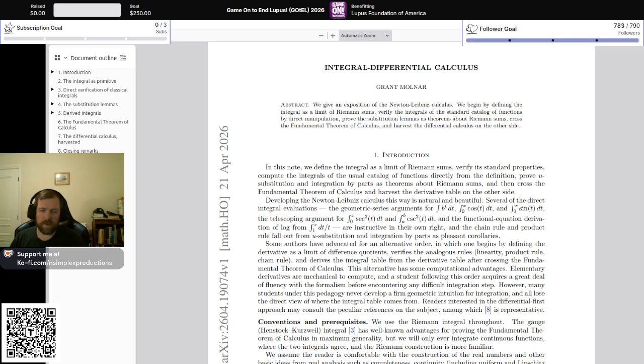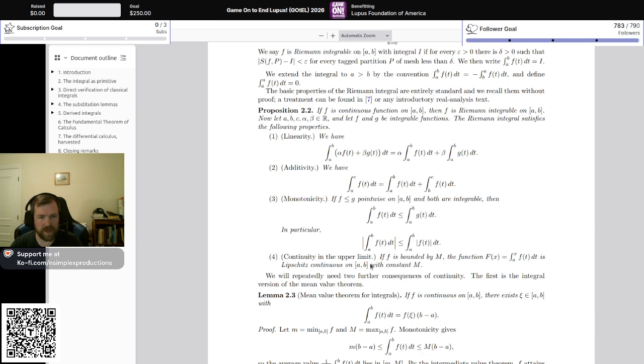Hey everybody, it's Obi-Wan Piz for N Simplex Pachinko. We are going to be looking at this paper on integral differential calculus as opposed to differential integral calculus. I think we looked a little bit at this at some point in the past, but I might have just looked at the abstract, maybe the first couple of pages.